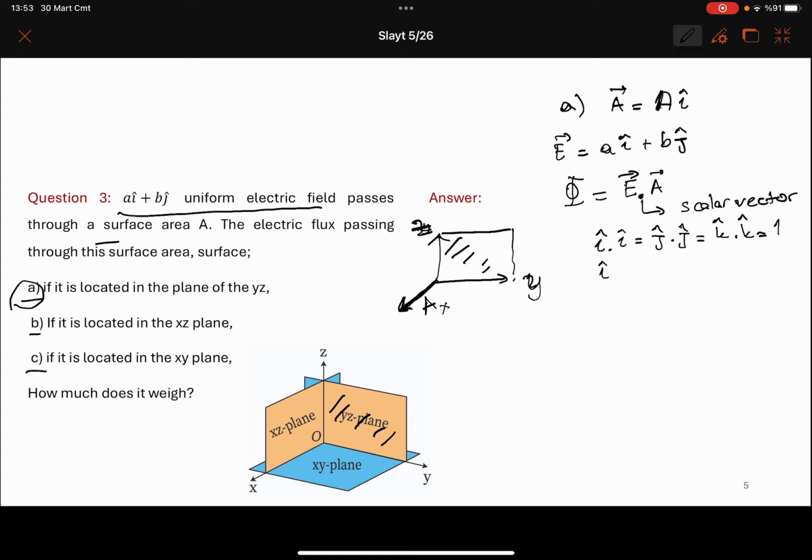If I multiply i with j, or j with k, or i with k, we multiply different unit vectors by scalar product, so it gives 0. I will apply this to each term.